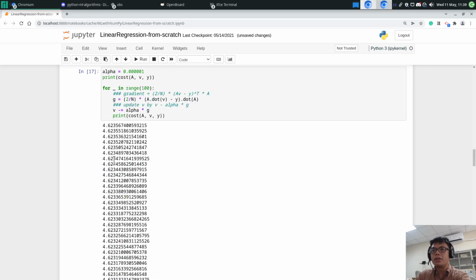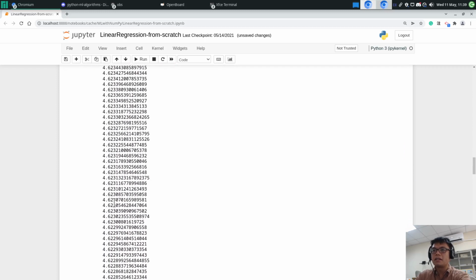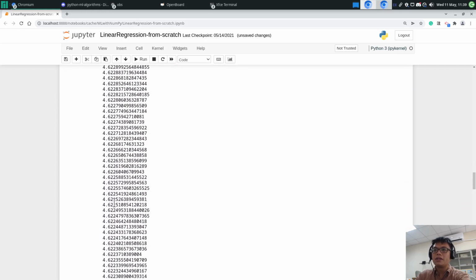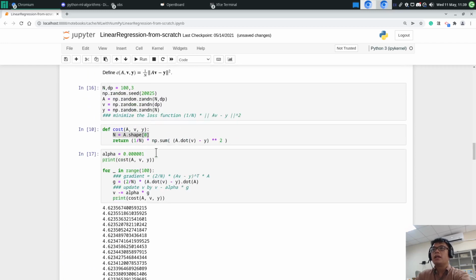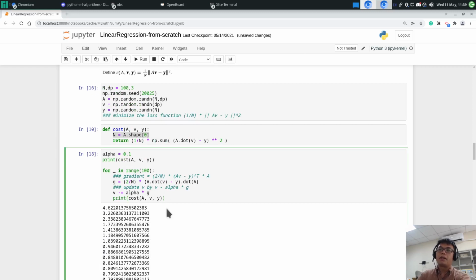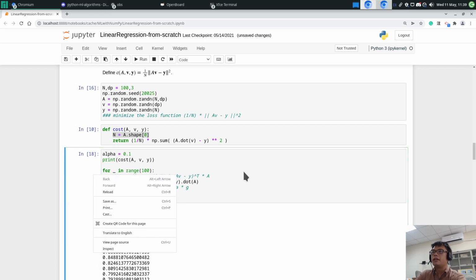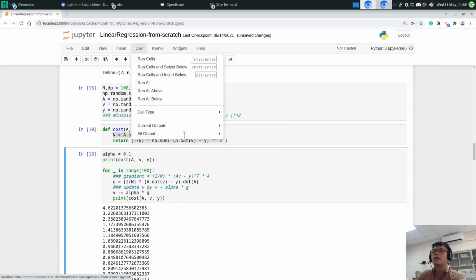It is doing a good job, but stably and slowly. You see, it takes way too long to converge. So finding an appropriate alpha is something that you have to do by the performance. Okay, so far it looks good. Let's clean the output for this cell to run the next one.